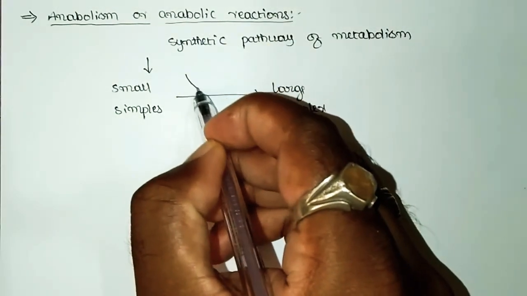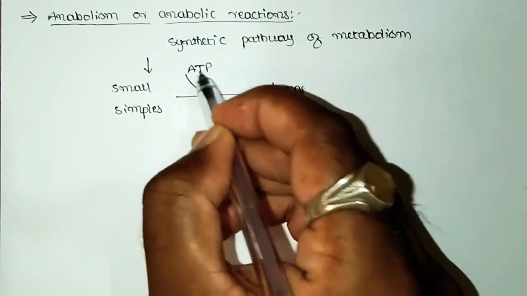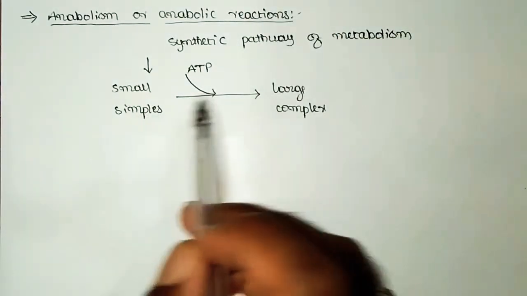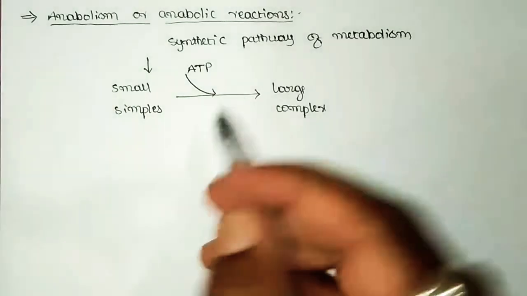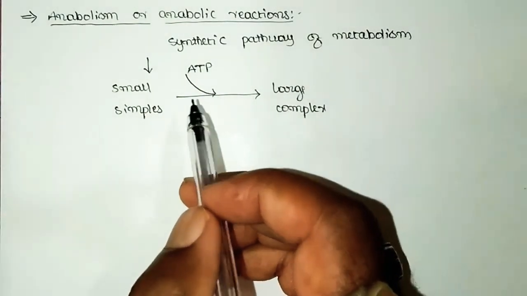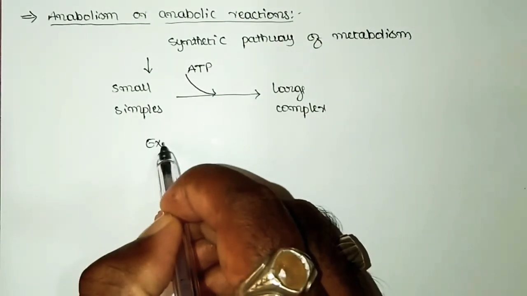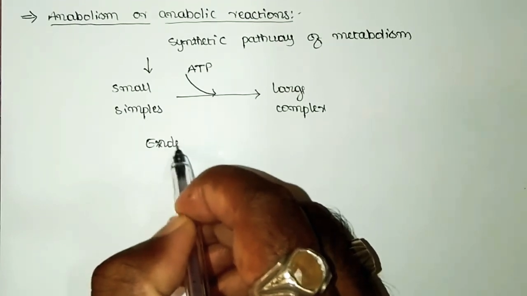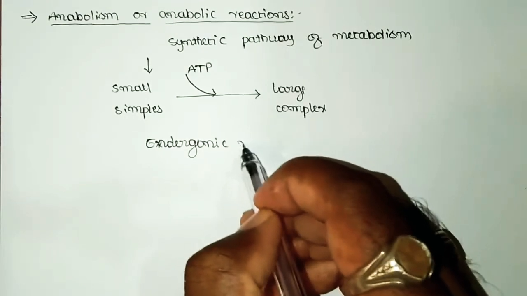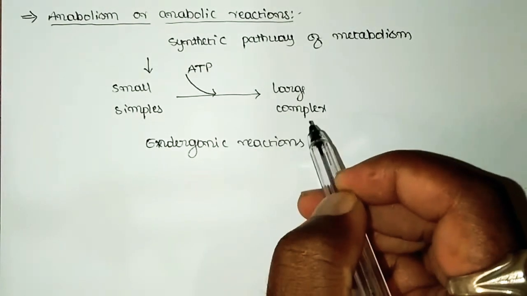That means ATP will be consumed so as to convert the smaller or simple molecules into larger complexes. In order to carry out these reactions, energy will be utilized, so we can call the anabolic reactions endergonic reactions.